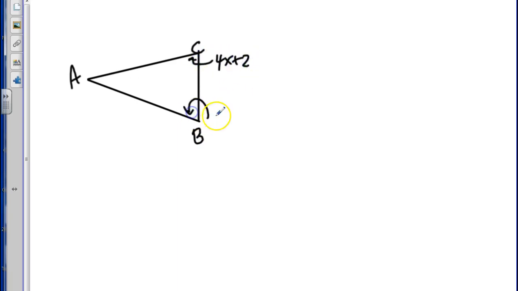And this angle is 5x minus 7. And in this triangle, AB is congruent to AC, and the measure of angle B is 5x minus 7. The measure of angle C is 4x plus 2. I want you to find the measure of angle B and the measure of angle C. So you can pause the video and do that.